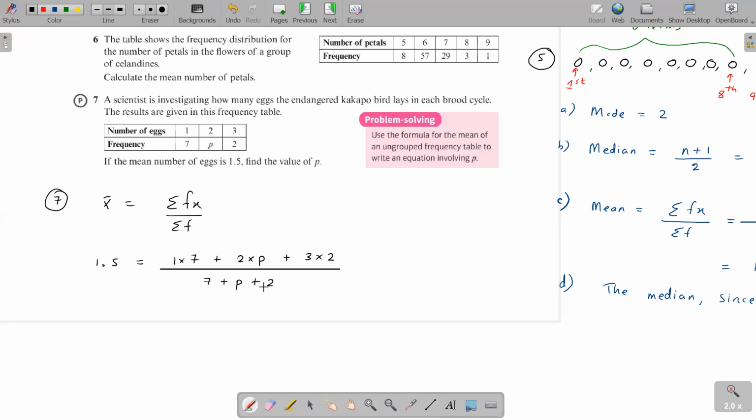Now in this equation, you've got to make p the subject. So 1.5 equals 7 times 1, that's 7, 2 times p, that's 2p, 3 times 2, that's 6, over 7 plus 2, that's 9, plus p.